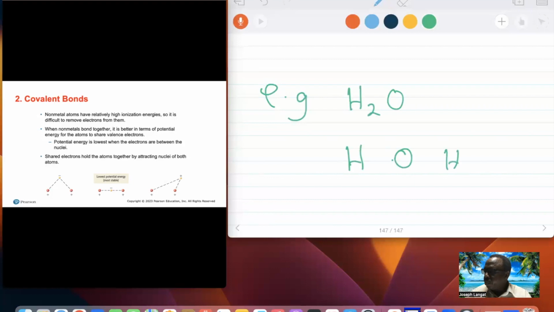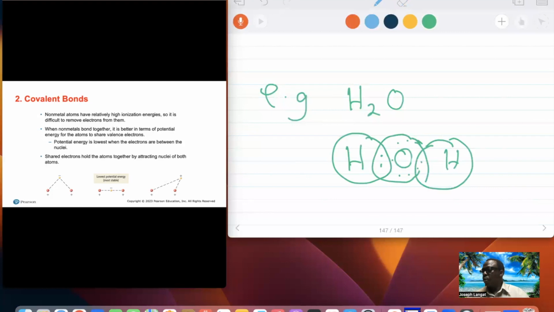Here there is sharing of electrons between oxygen and hydrogen. The shared electrons are right there. The sharing of electrons has to do with fulfilling the octet rule.